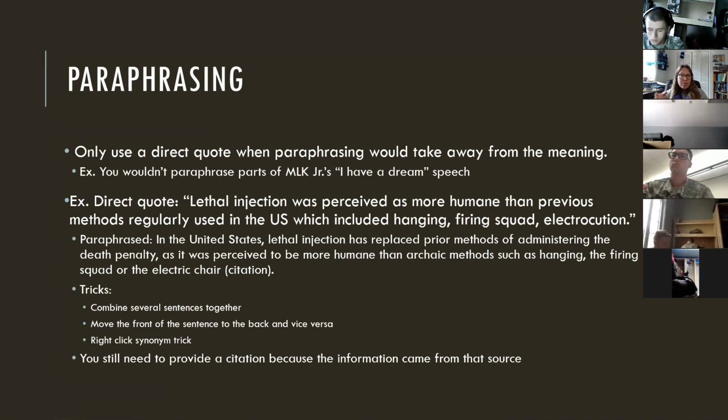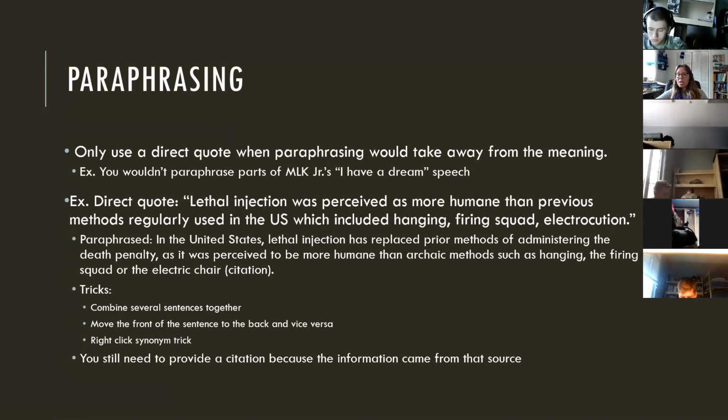You can move the front of the sentence to the back and vice versa. And then the right click synonym trick, like I showed you, if you're having trouble coming up with another word. Just be careful that you're not right click synonyming every single word in the sentence, because you're going to skate awfully close to plagiarizing if you do that.